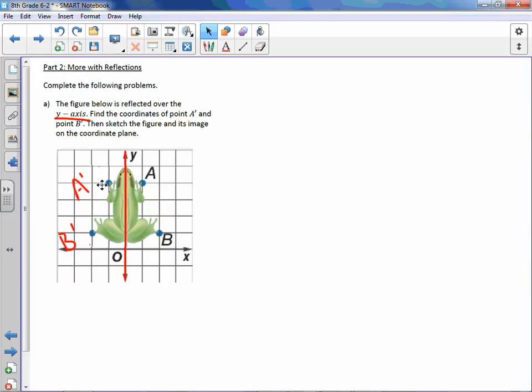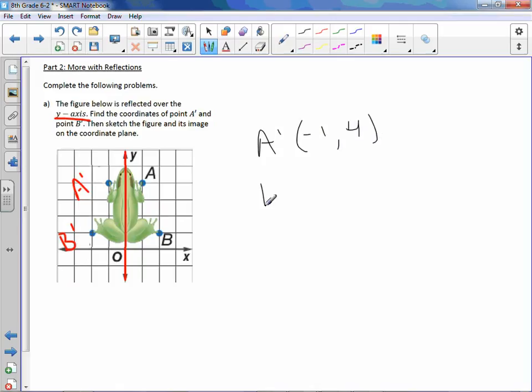Okay, where this point here is A prime and this point is B prime. And it does say also to find the coordinates of A prime and B prime. Our coordinates of A prime are (-1, 4). And our coordinates of B prime, (-2, 1).